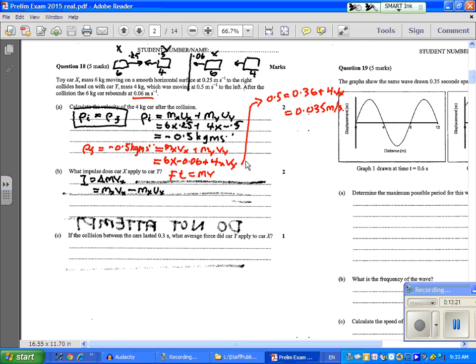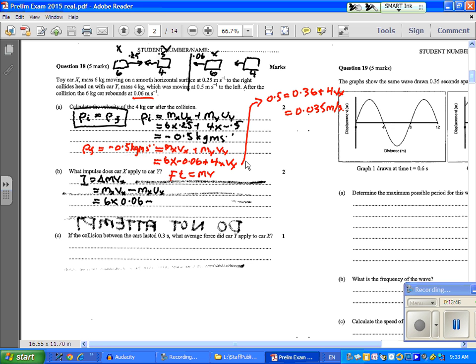So what you guys have to know is that even though that's the formula, they want you to know what that formula is saying, which is the change in momentum is what the impulse is. So you just have to work out change in momentum, which of course is 6 times, and now the final velocity of that thing was 0.06, wasn't it? Yeah, it tells you that.